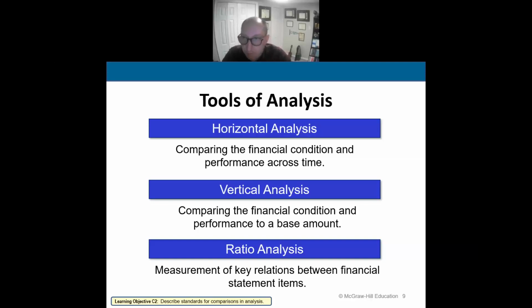Ratios are helpful because I can look at a ratio, do a real quick computation, and it'll tell me exactly if the company has the ability to pay its current debt or not using the current ratio. Or I can look at the company's ability to earn a profit or to be solvent, right? There's so many different ratios that are really helpful and really quick and easy to compute. So that's why it's another important tool when analyzing financial statements.